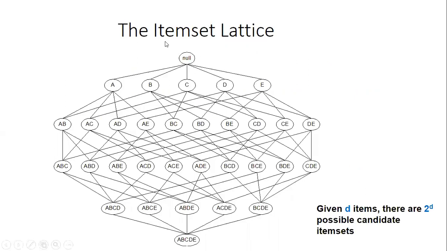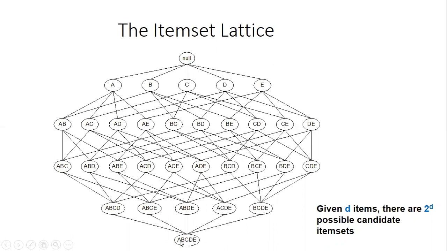Let us consider this item set lattice. As I told, if there are d number of items, then there will always be 2 to the power of d possible candidate item sets. Let us consider an example. Suppose we have a 5 item set.